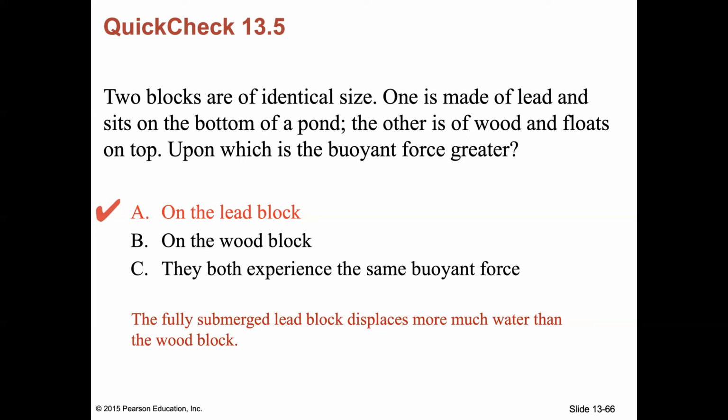But for lead, it's at the bottom, so the whole volume of the lead block displaces water. So the displaced water is greater in the case of the lead block, and therefore the buoyant force is greater.